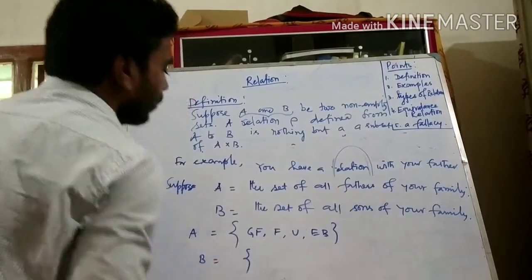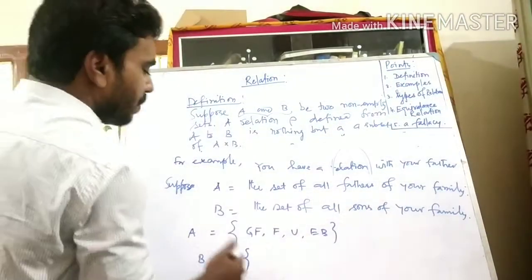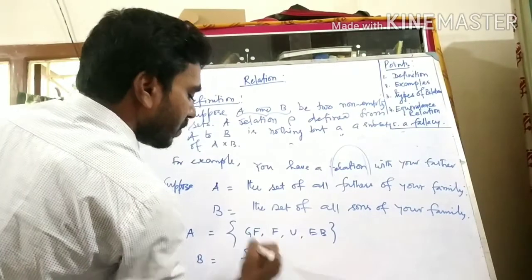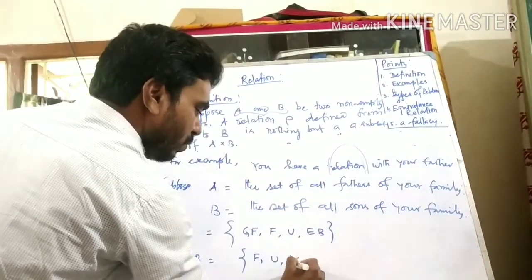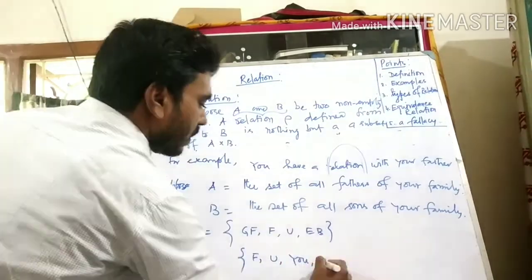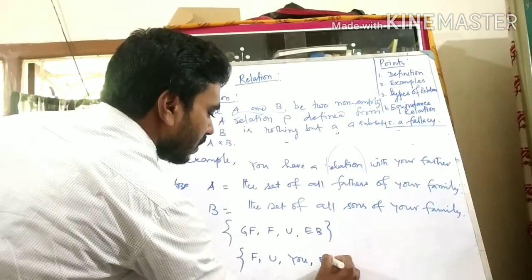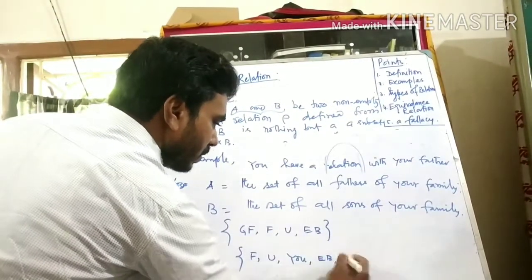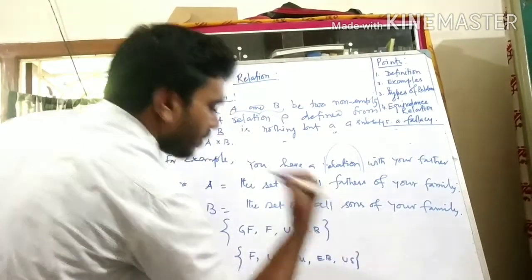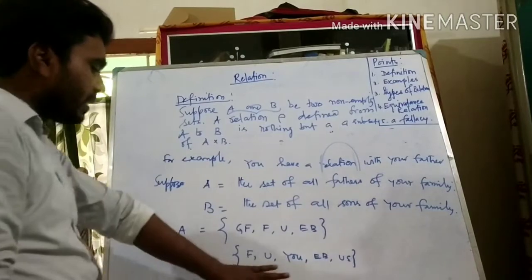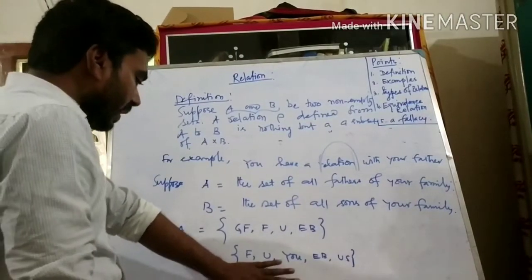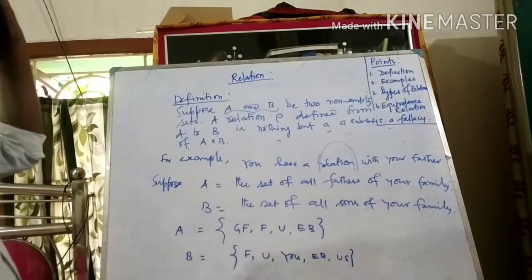The elements of B will be father, then uncle, then you, then your elder brother, and then this notation stands for uncle's son. So these are the elements of the set B.